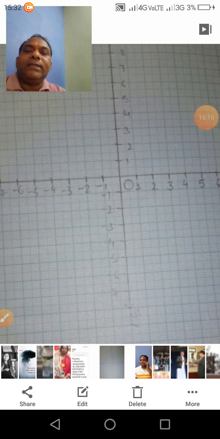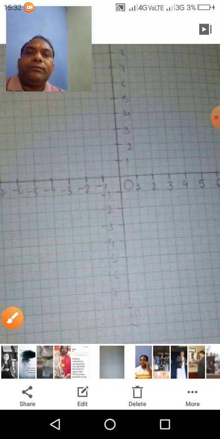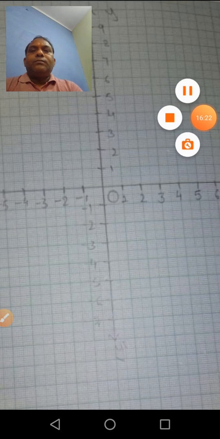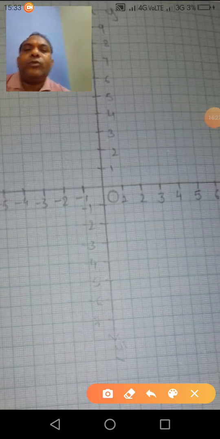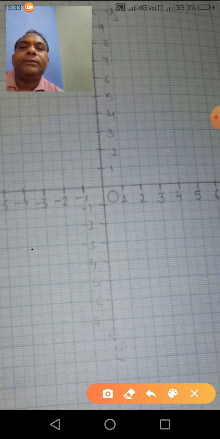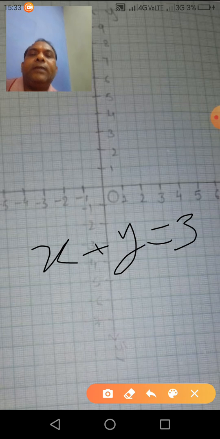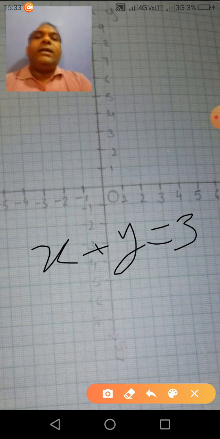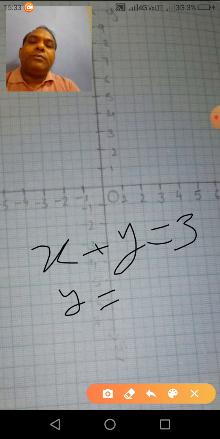Again see this example. Suppose we have to plot the graph of x plus y is equal to 3. So firstly find the value of y in terms of x. So y will be equal to 3 minus x.